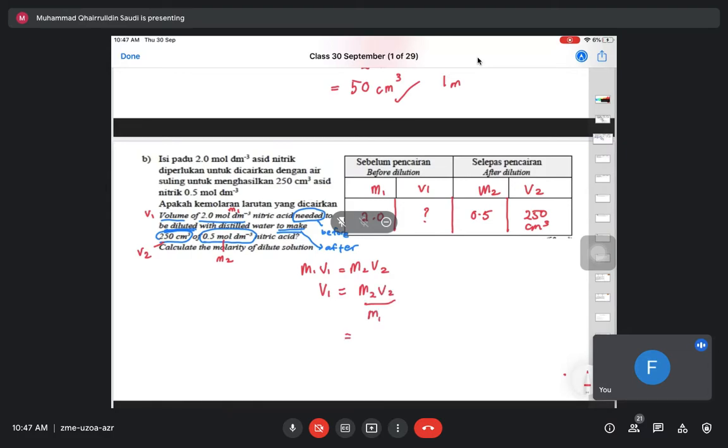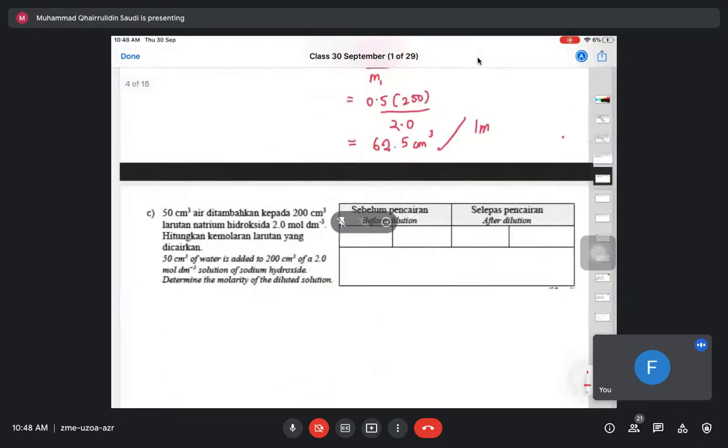So M2, put in the value: 0.5 times 250 divided by 2, and the answer is 62.5 centimeter cube. Good. Another 1 mark. Next question.